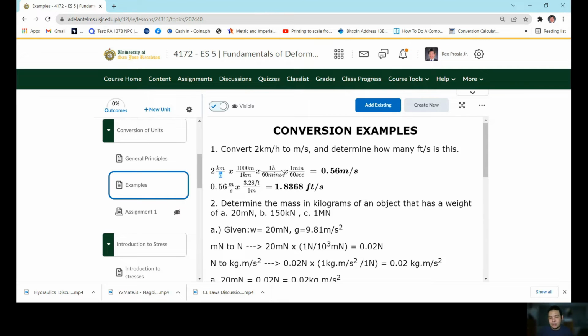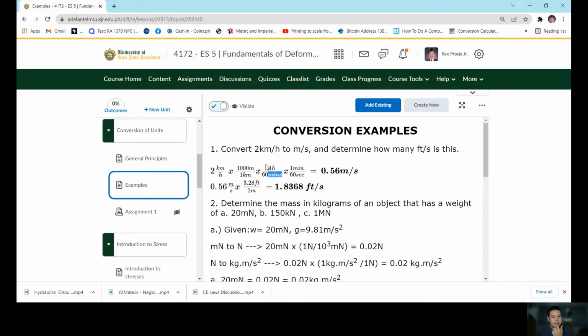So you can also use that conversion. But for simplicity, so that you can follow this conversion, I tend to write to convert hours to minutes first and then minutes to seconds.